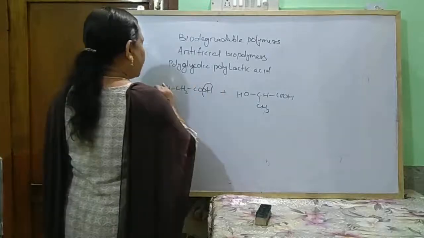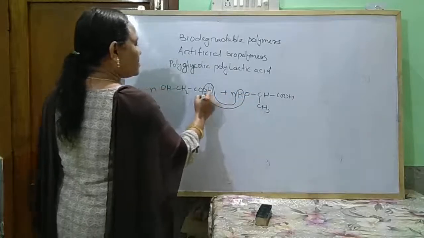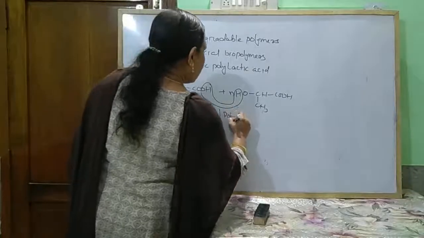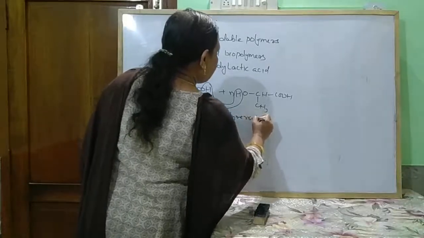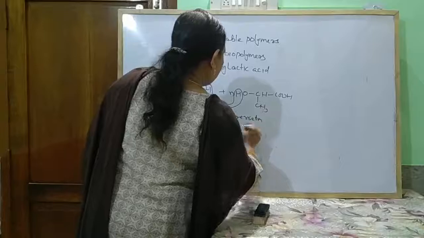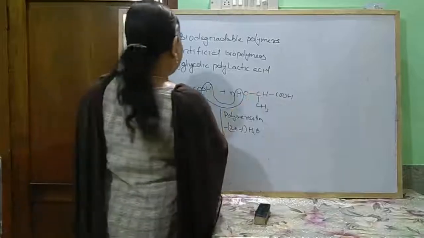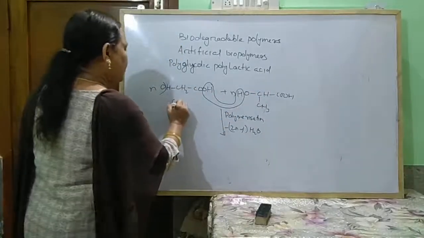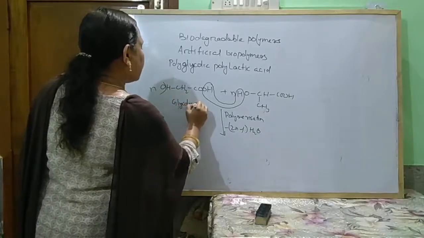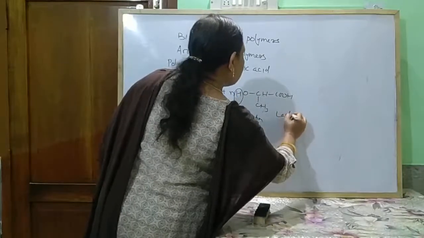Here the OH of n moles of this, n moles of this, OH of this and H of this hydroxy part react to form water, and when it undergoes polymerization, here also 2n-1 number of water molecules are removed. This O can be removed by reacting with another part of lactic acid. This is glycolic acid, and this is lactic acid.